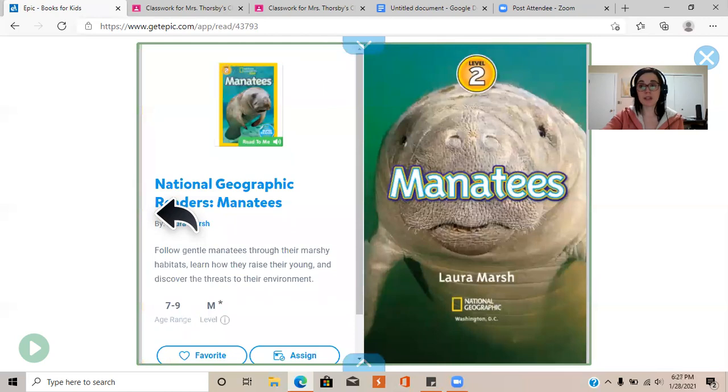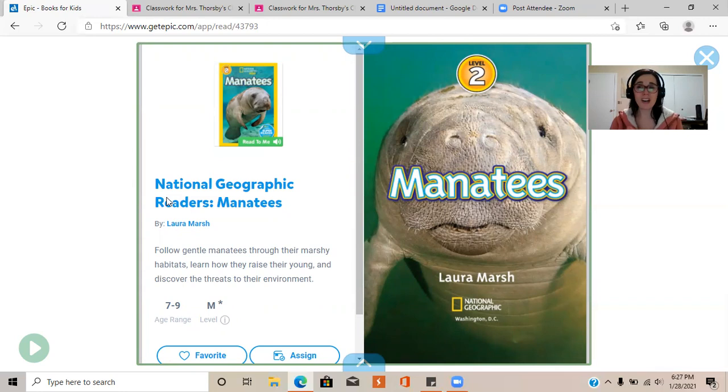So, boys and girls, the reason that I showed you this today is because as you are working on being a nonfiction informational writer, you have to have a good example of what good nonfiction writing looks like. And this is a great example of how an author creates an informational book.